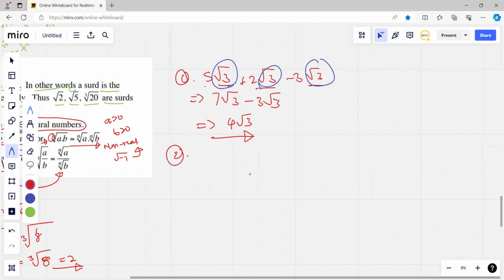Second example, we have root of 12 plus 4 root of 75. The first thing that we have to do is find what makes the 12.